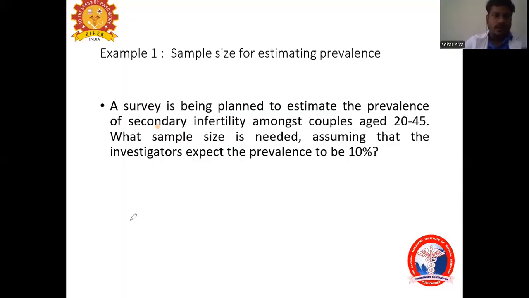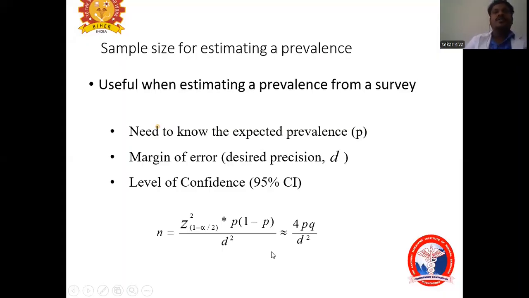How do we calculate the sample size for this study? Sample size for estimating prevalence is useful when estimating prevalence from the survey. We need the expected prevalence, which they already mentioned as 10%, and the margin of error, the desired precision, that is d, and the level of confidence interval, 95%. Usually in the medical field, they take a 95% confidence interval.